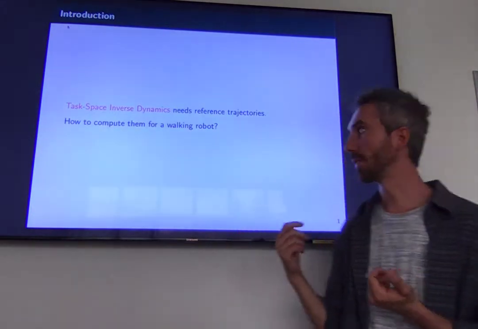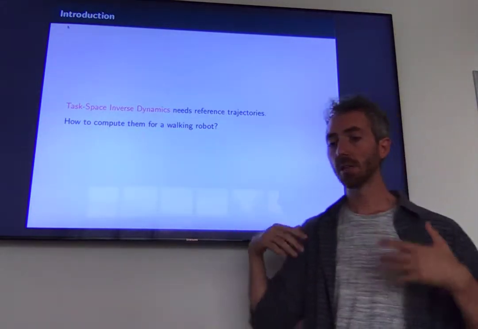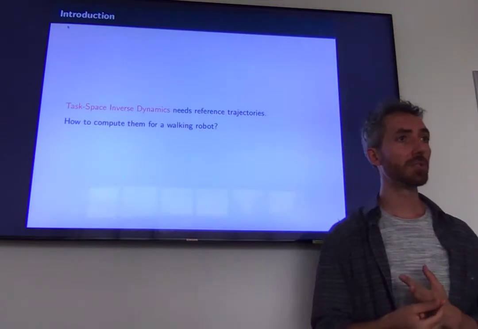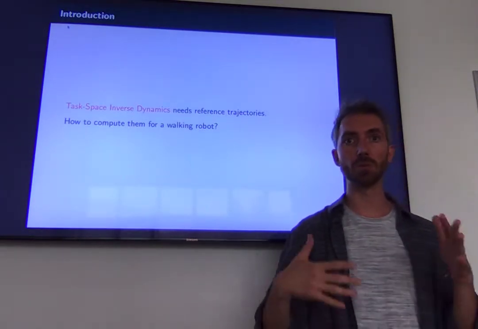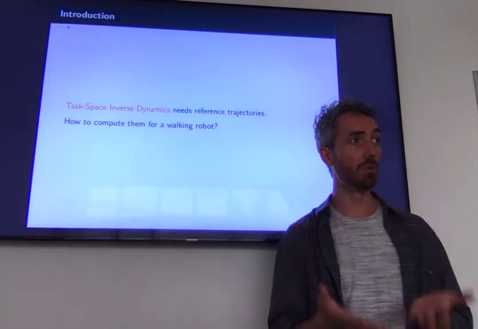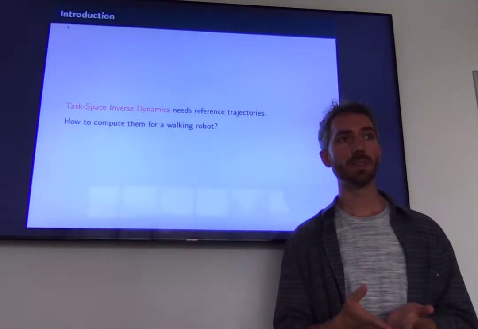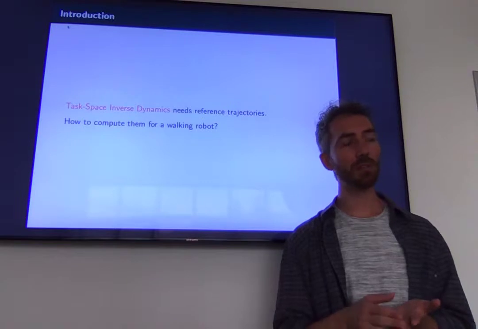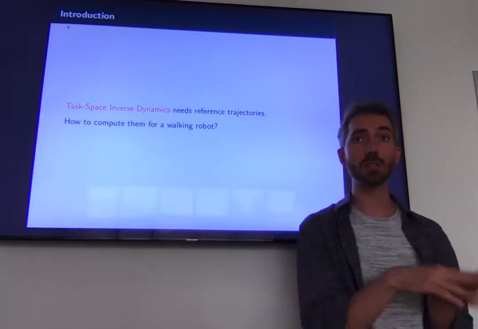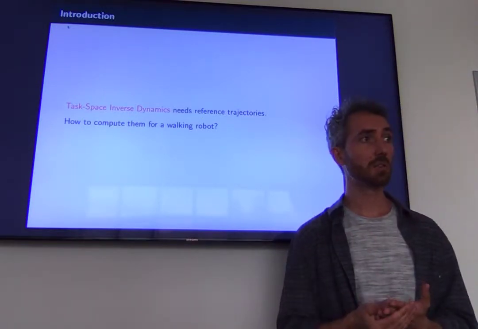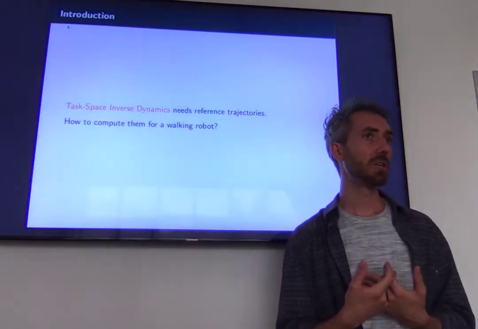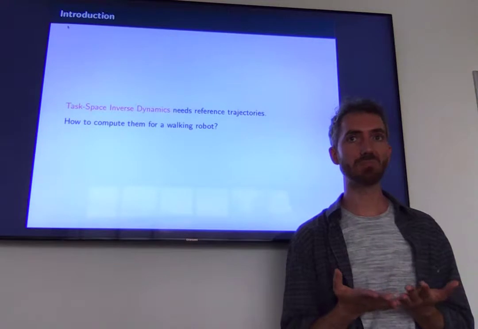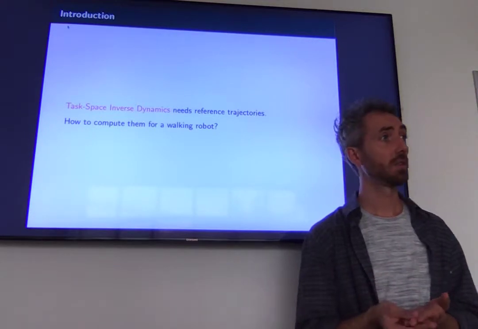But now if we think of a more complex scenario where we don't want to just play a bit with the robot to make it move, but we want to make the robot walk, for instance, then coming up with a reference trajectory for the center of mass and the feet and the posture, designing it by hand, well, we can immediately see that it is not a trivial task.